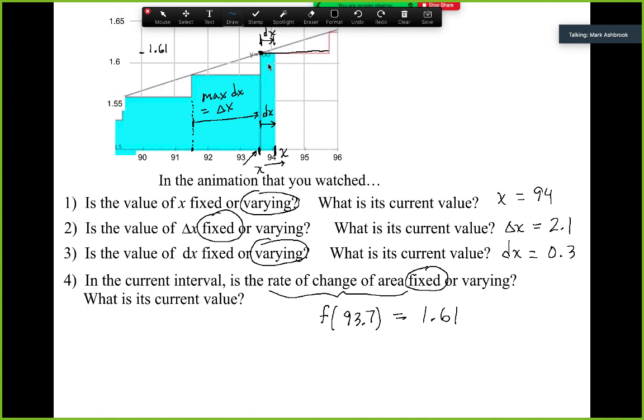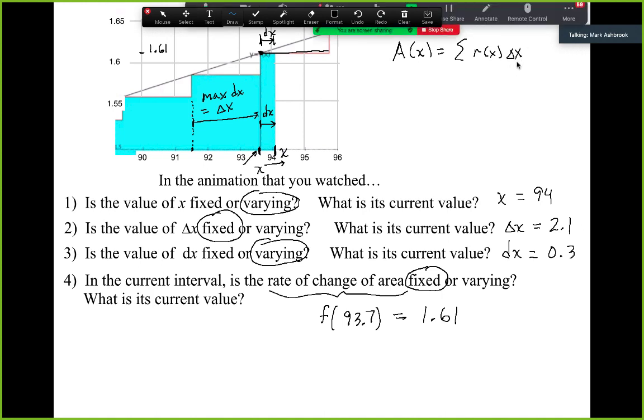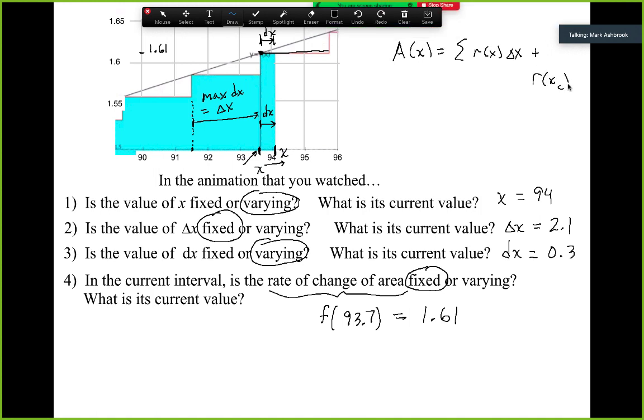Good question. Where do we see delta x within the actual integral, the net accumulation integral? Well, we used delta x for the approximate accumulation function. Remember, it was the sum of R(x) delta x, where delta x wasn't small, and then plus R(x) times the current dx.